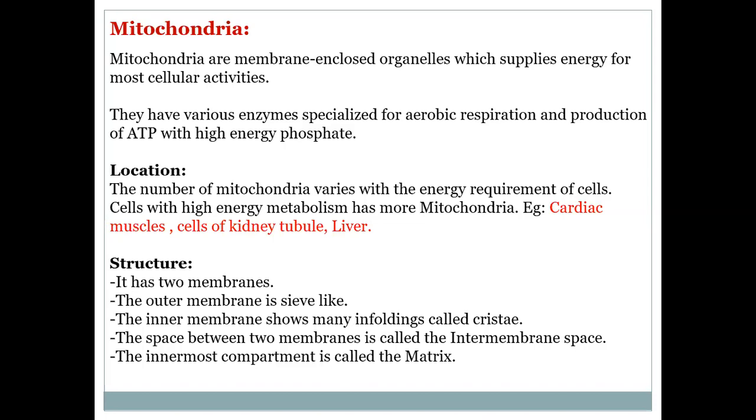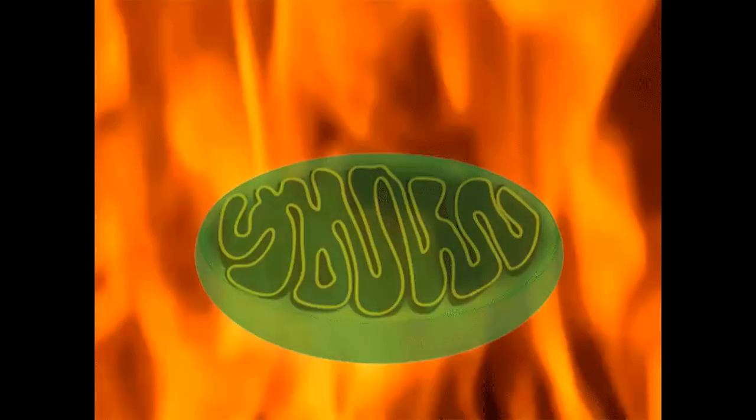Its structure is also a membranous organelle, with two layers present: an outer layer and an inner layer. The inner layer forms different infoldings termed cristae, a small intermembranous space is present between the two membranes, and the innermost compartment is known as the matrix.